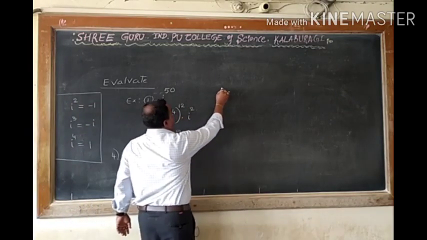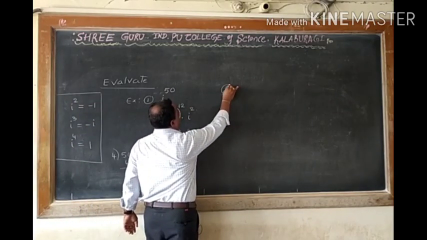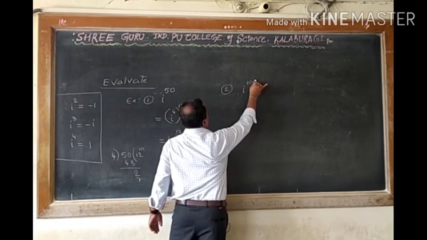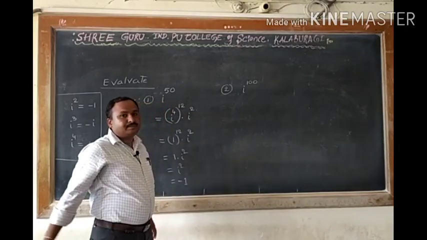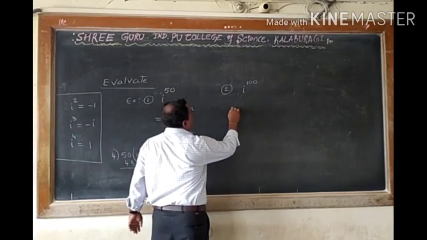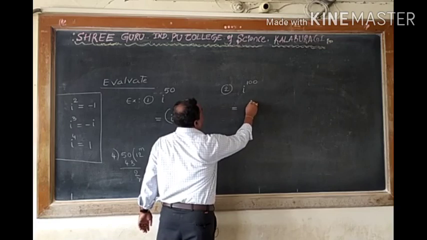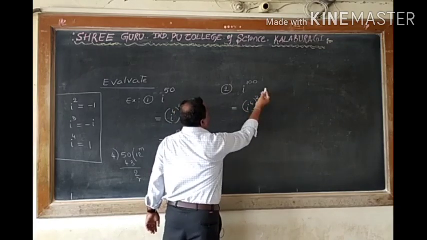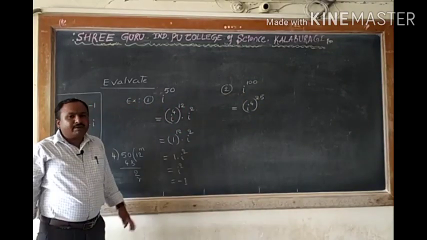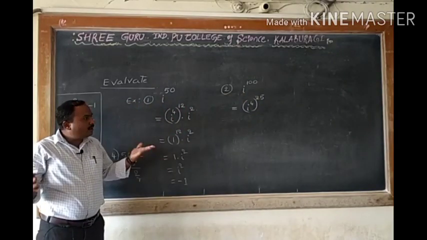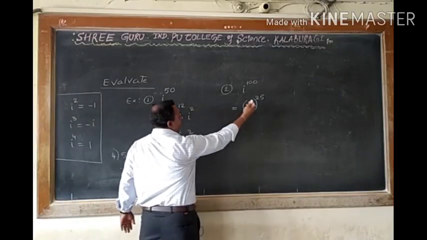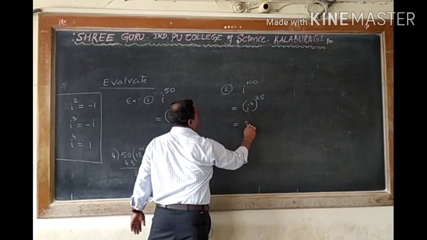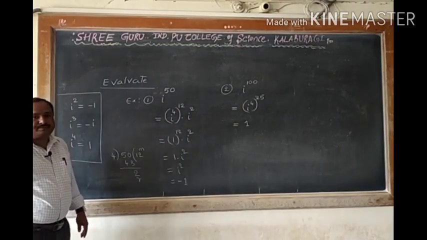Next, example number 2: evaluate i to the power 100. Convert to base 4: i to the power 4 whole to the power 25. 4 into 25 is 100, the remainder is 0, so the i power is not necessary. The value is 1 to the power 25, since i to the power 4 is 1. The value is 1.